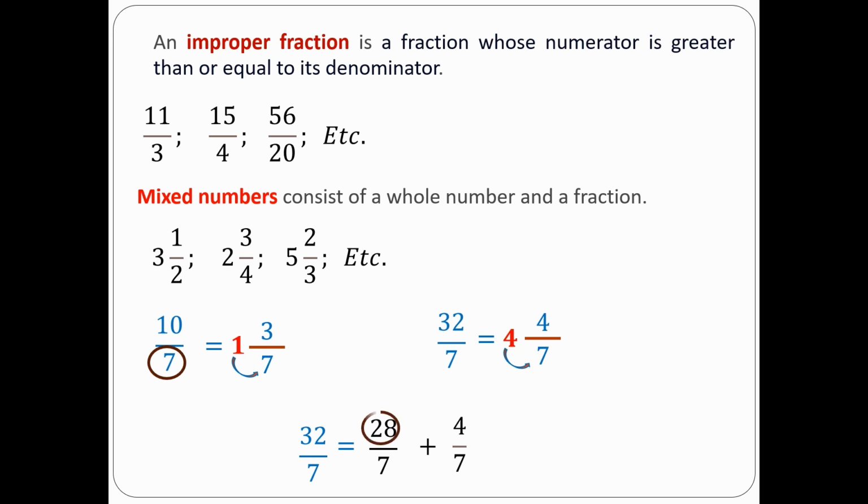The reason why I chose 28 over 7 is because 7 goes into 28 evenly. 28 over 7 is 4. And then we have plus 4 over 7, which is 4 and 4/7 as a mixed number. So that's the quick way to show your work in converting an improper fraction into a mixed number.